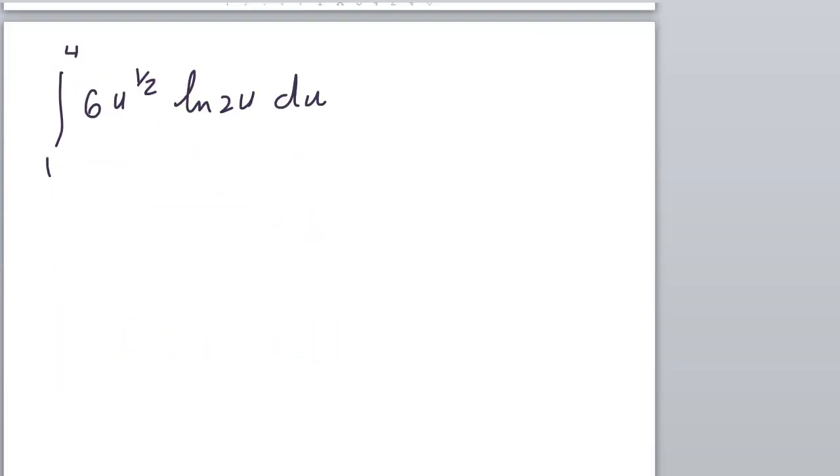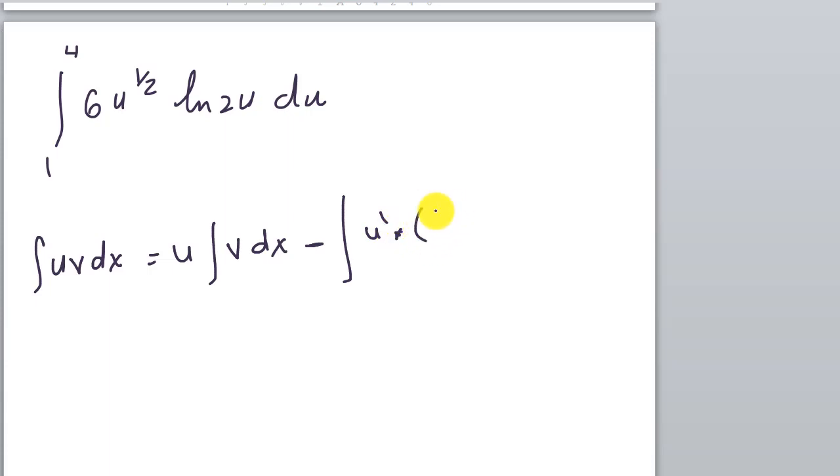We know that if we have the integration of u v dx, it's equal to u times the integration of v dx minus the integration of u dash multiplied by the integration of v dx, all of them dx.